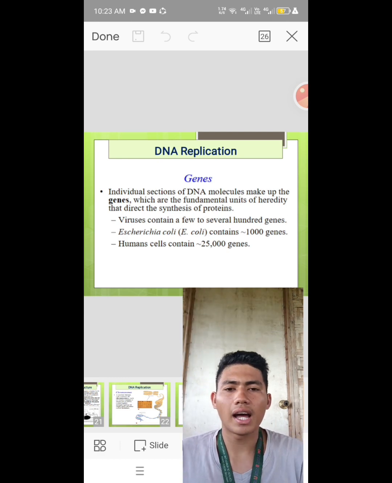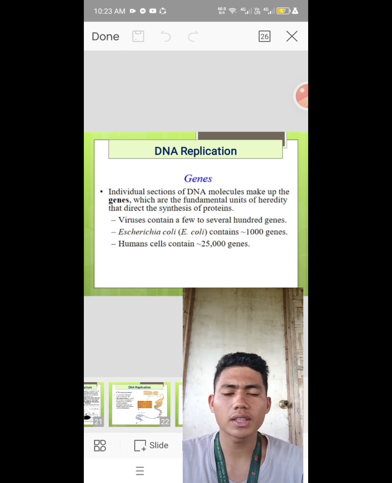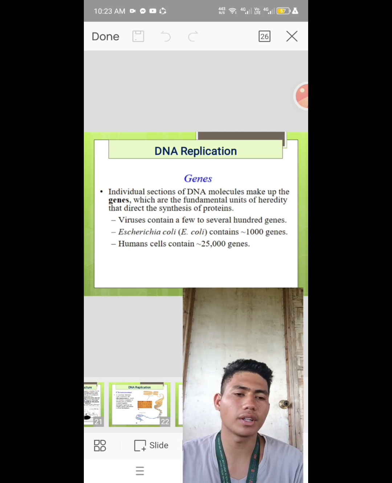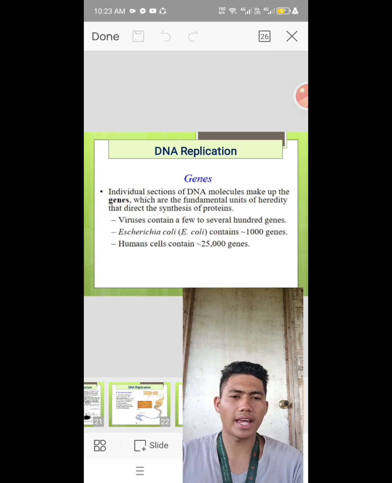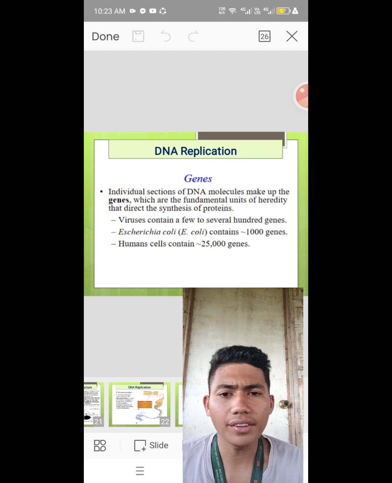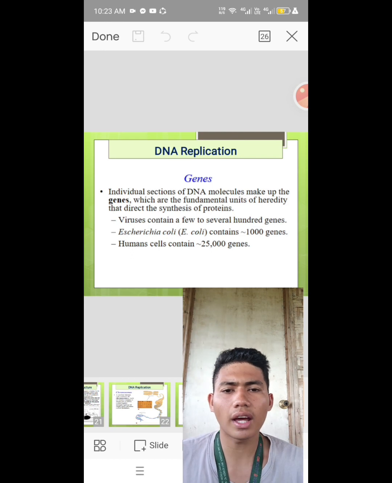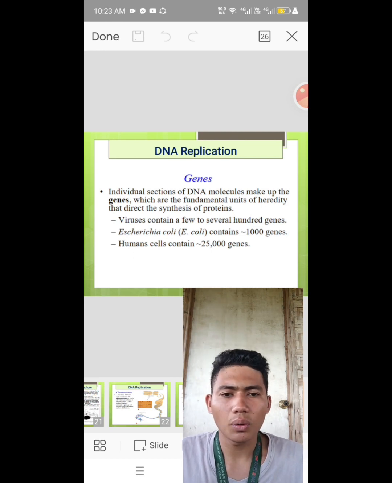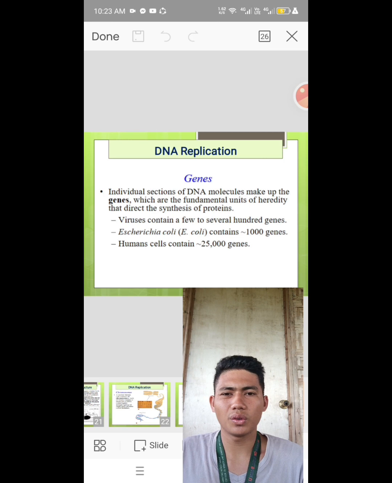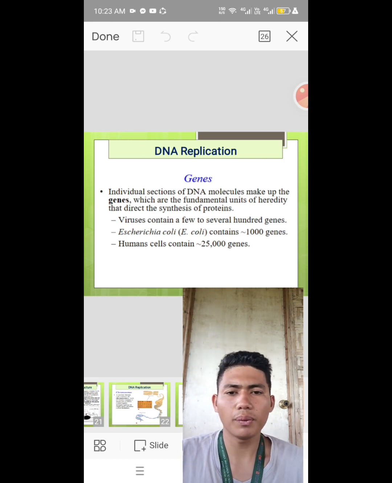Here we will learn how many genes cells or viruses have. Viruses contain a few to several hundred genes. On the other hand, E. coli, or Escherichia coli, contains approximately 1,000 genes, which is greater than viruses.